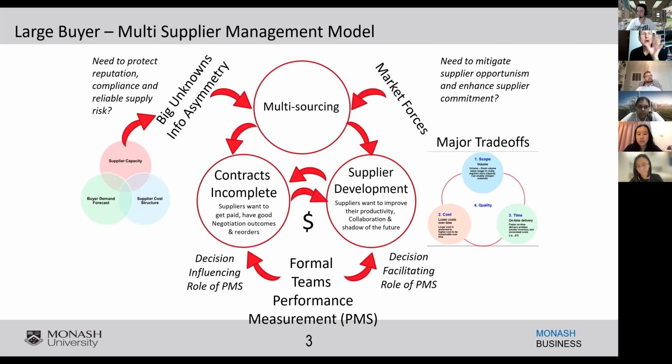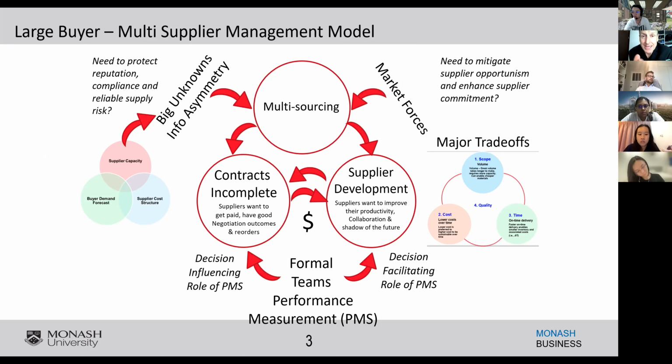Okay, now remember, these were the main frameworks that we talked about when we got into how multinationals manage their suppliers. And this was the multi-sourcing framework, because invariably, when you get large and large and large, you're not just going to source from one supplier. Or if you're Apple, you're not going to source from one supplier for every component.